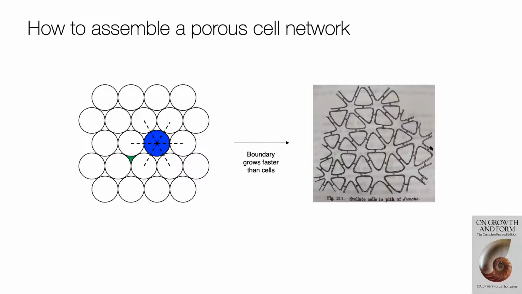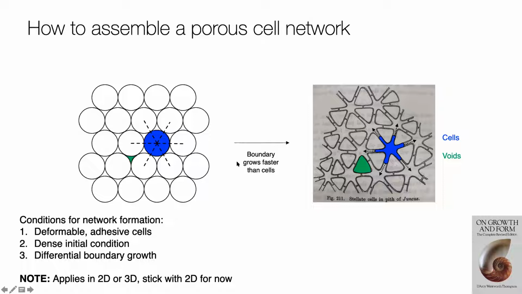And if you do that, Thompson includes this sketch in his book, from the stem of a banana, and argues that this complex network of cells could be constructed from this starting point, in that you have this lobed cell forming the vertex plus parts of the edges of the network, and then these concave voids turn into convex triangular voids.